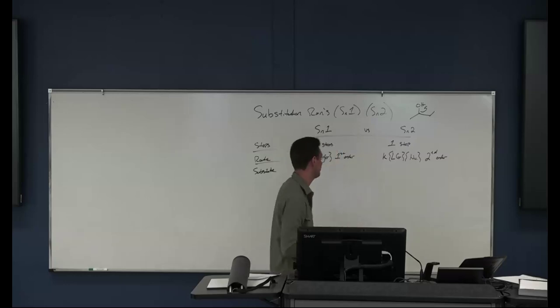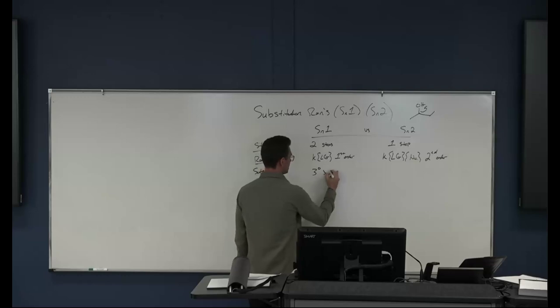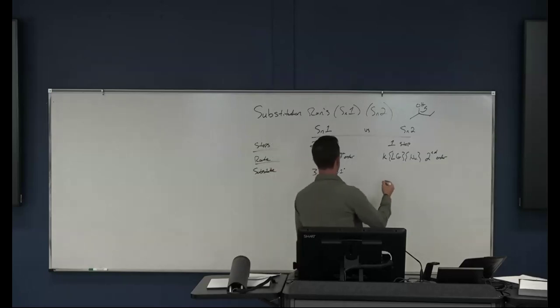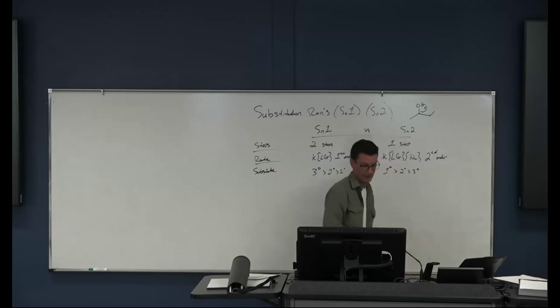The substrates for Sn1 reactions really love tertiary. That's the best, then secondary, then primary. Contrary to Sn2 reactions, which really love primary, then secondary, then tertiary, which is not really ever going to happen.